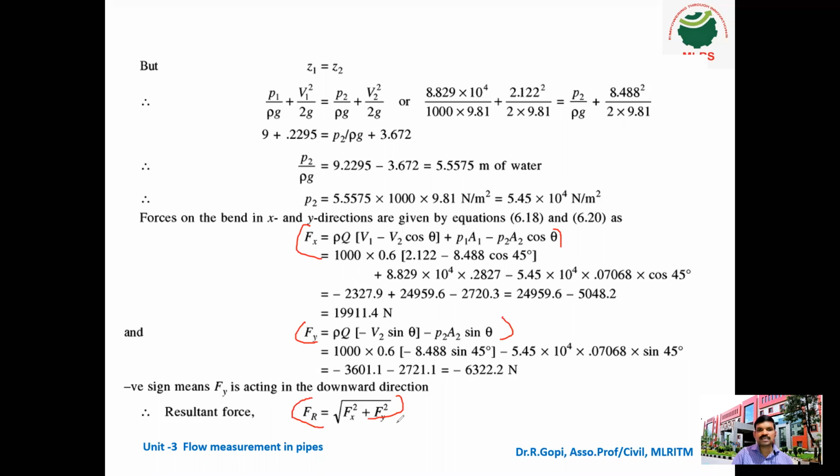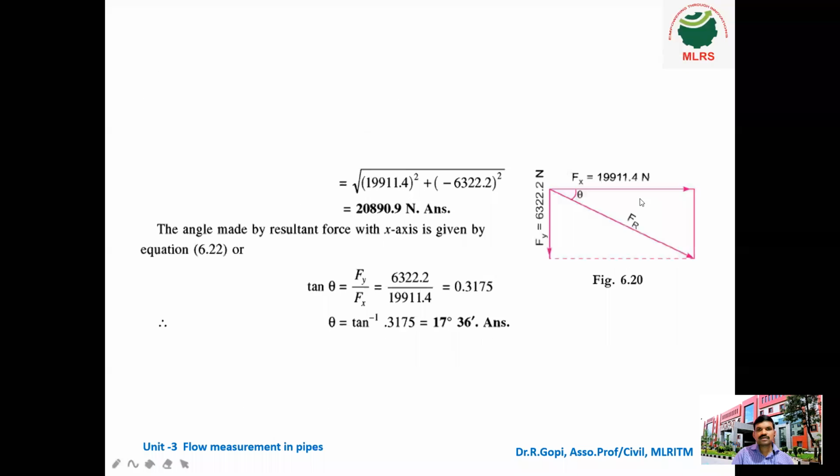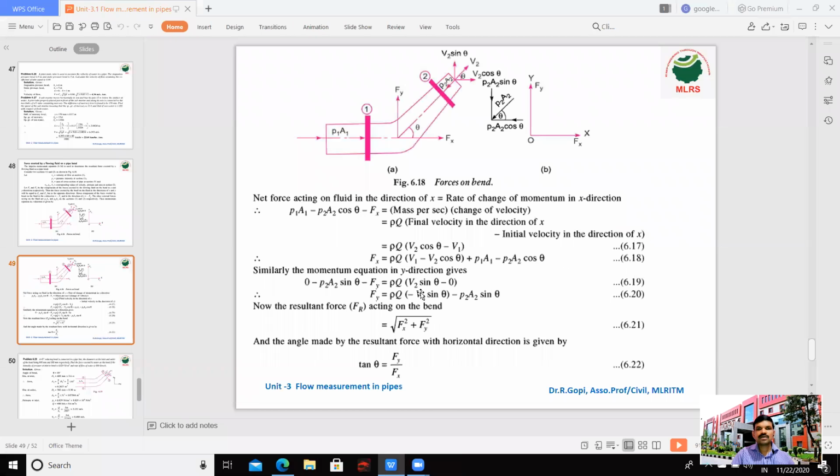Fr formula is root of Fx square plus Fy square, and tan theta is equal to Fy divided by Fx. That's all. Once you understand these three equations, this type of problem is easy.